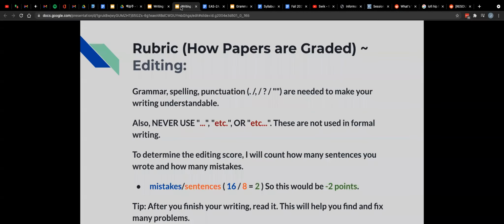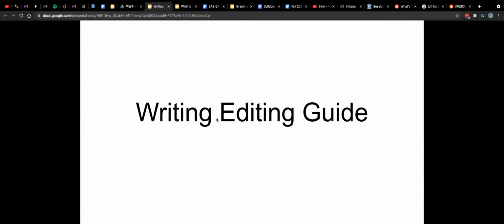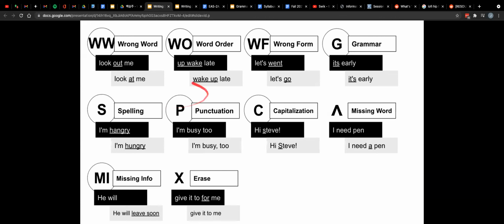Well, fortunately, I have a little guide for you, which is called the Writing Editing Guide. Well, I should just call it the Editing Guide. But anyways, it's a very simple guide. All you have to do is find the circle with the correct letters. So you can see here, it says wrong form. In the black, you see an example, a bad example.